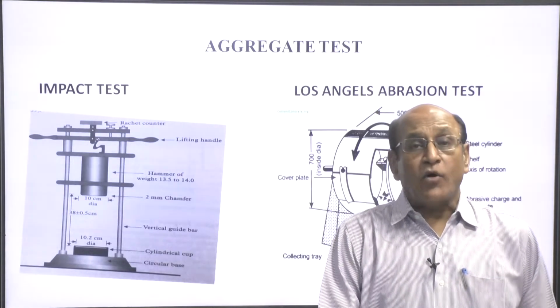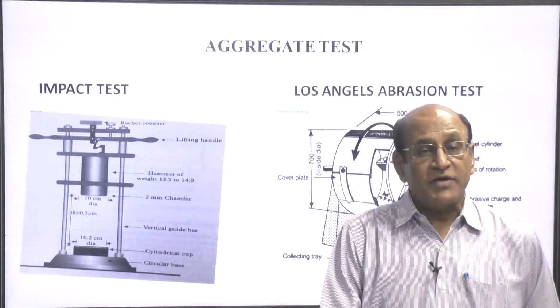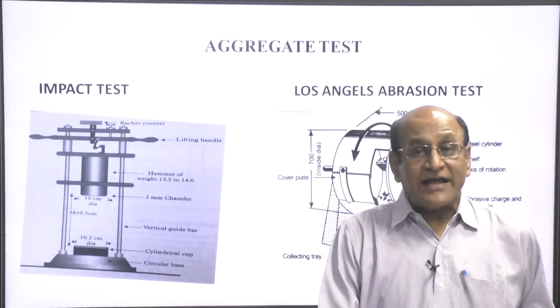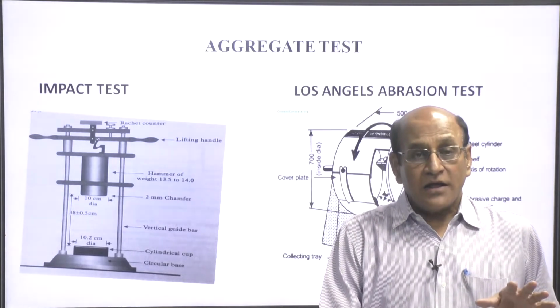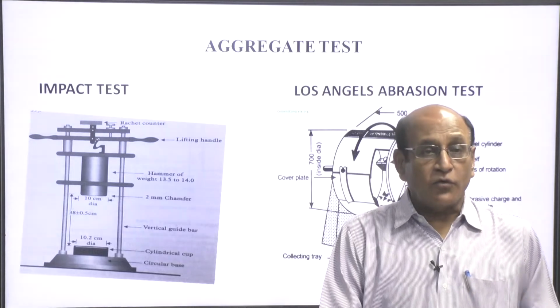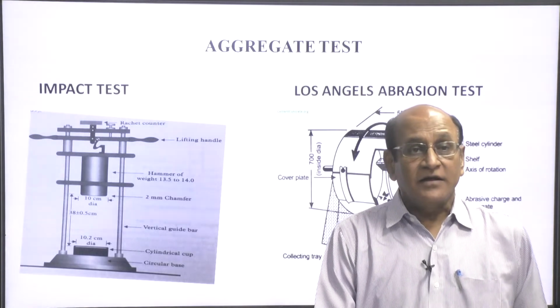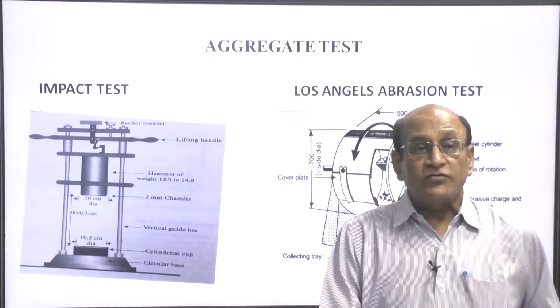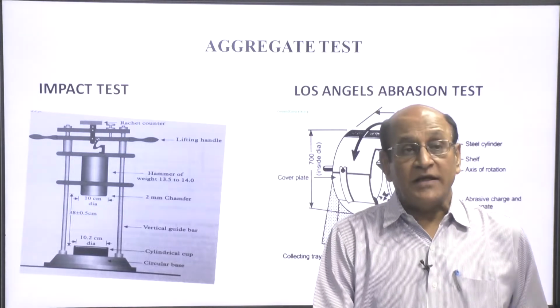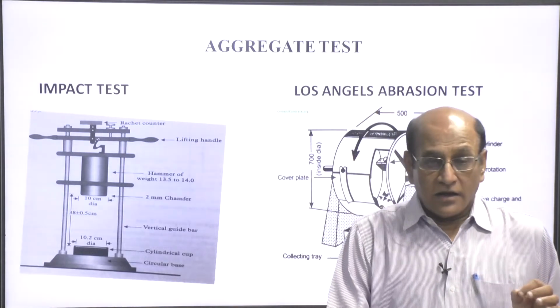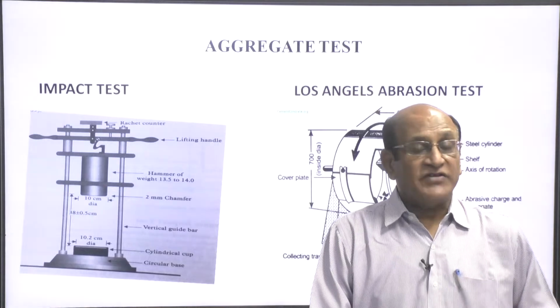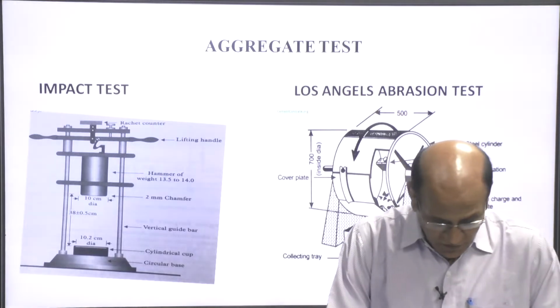Impact test is very important for road construction because vehicles will impact on the road surface when there are potholes or a speed breaker. So, impact load is coming on the pavement surface and that should be evaluated before the start of the work.